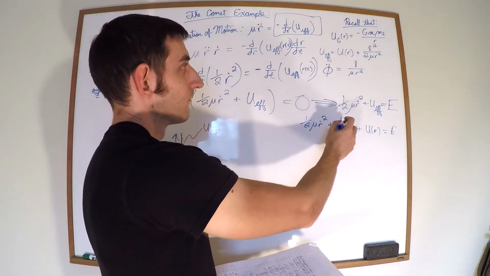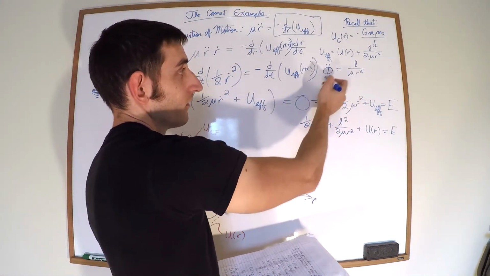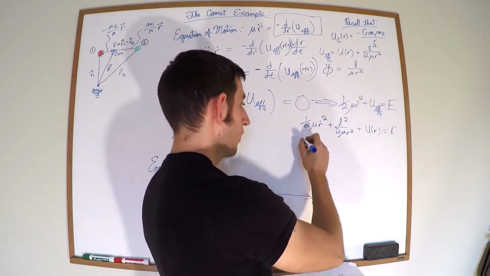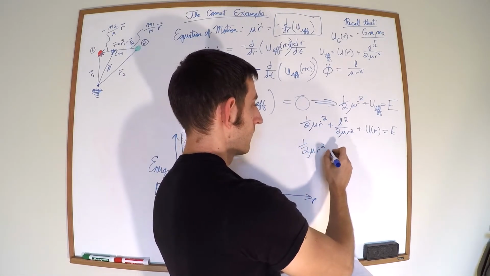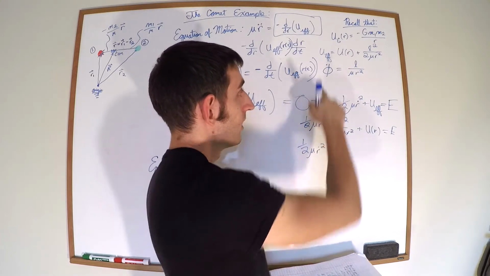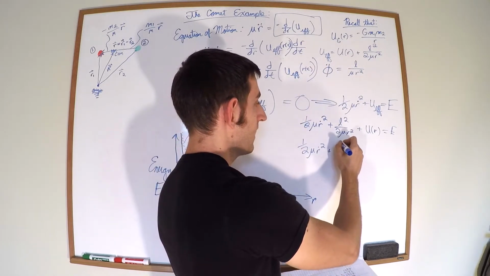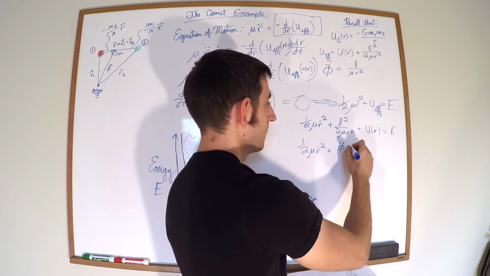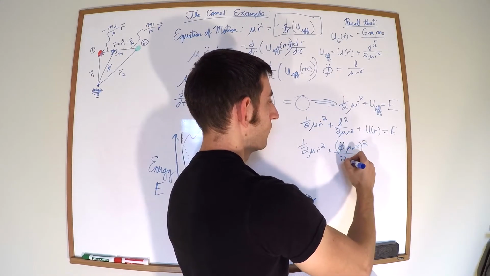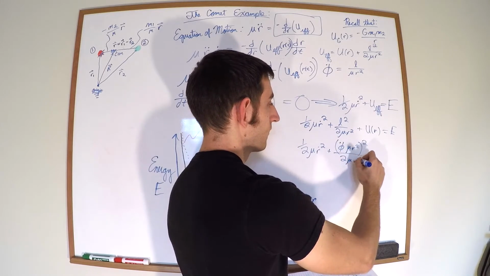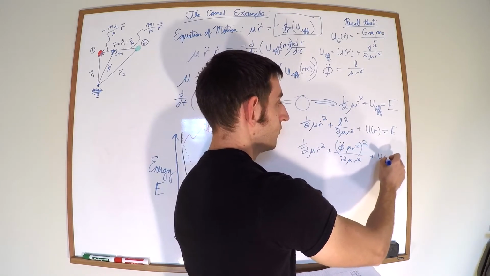Well, what's this? We can plug in what this is and see what it can tell us. So we've got L squared, which is nothing more than phi dot times mu r squared, over 2 mu r squared plus U of r.